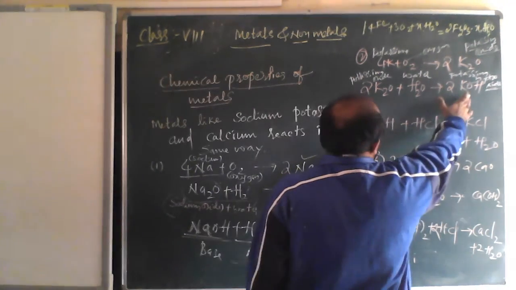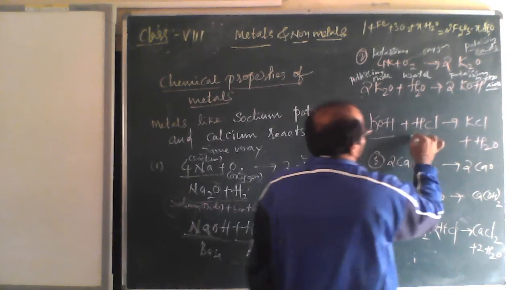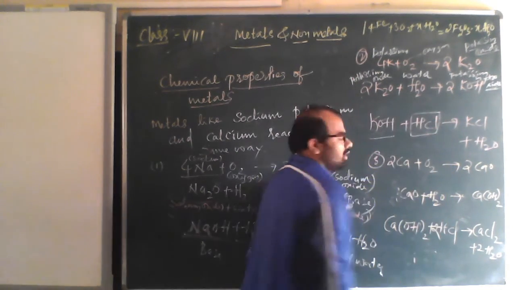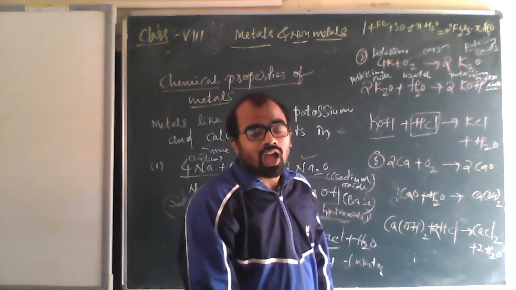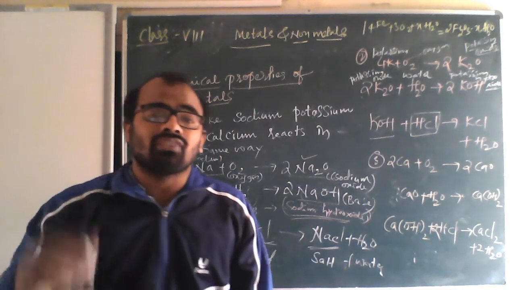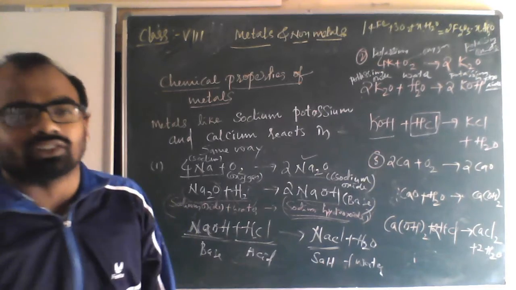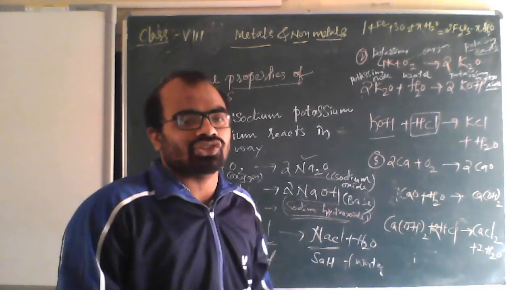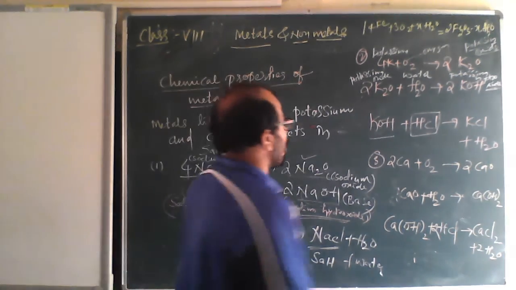The potassium hydroxide formed reacts with HCl, that is hydrochloric acid, and that will form salt and water. KCl means potassium chloride, H2O is water.